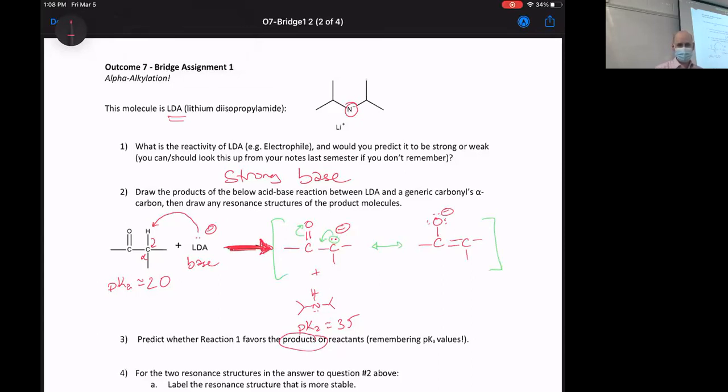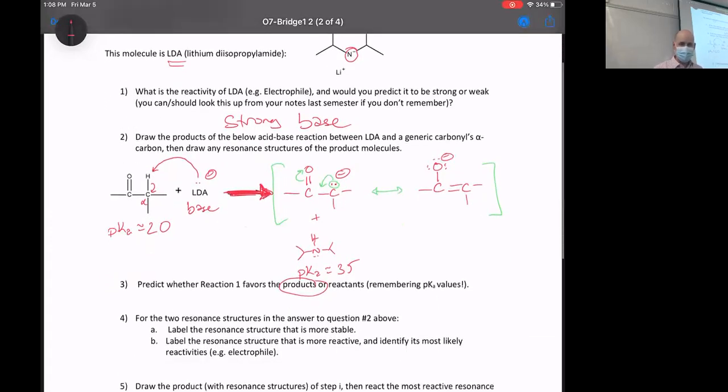So looking at these 2 resonance structures, the one on the right is the one that explains why this even happens. And O- is the reason that this can happen. So an O- is far more stable than a C-. But they both exist simultaneously, and that's how resonance structures work. So looking at those 2 resonance structures, which one is more stable, the one on the left or the right? The right, yeah. Why is an O- more stable than a C-?